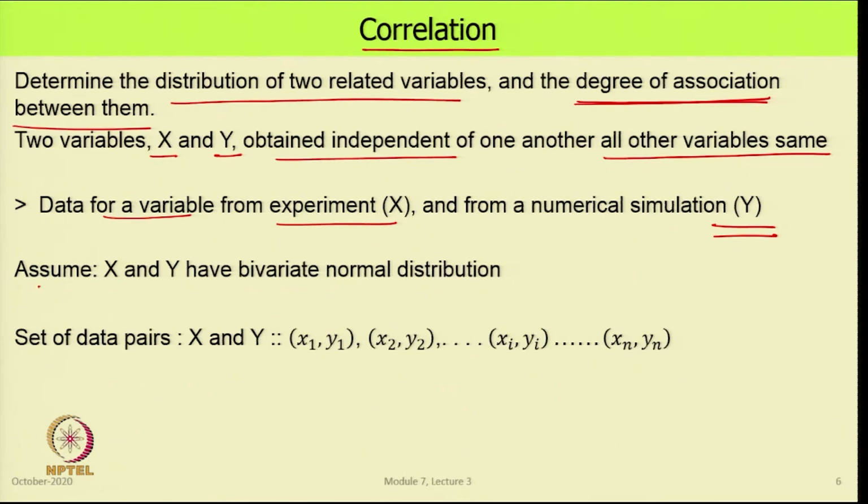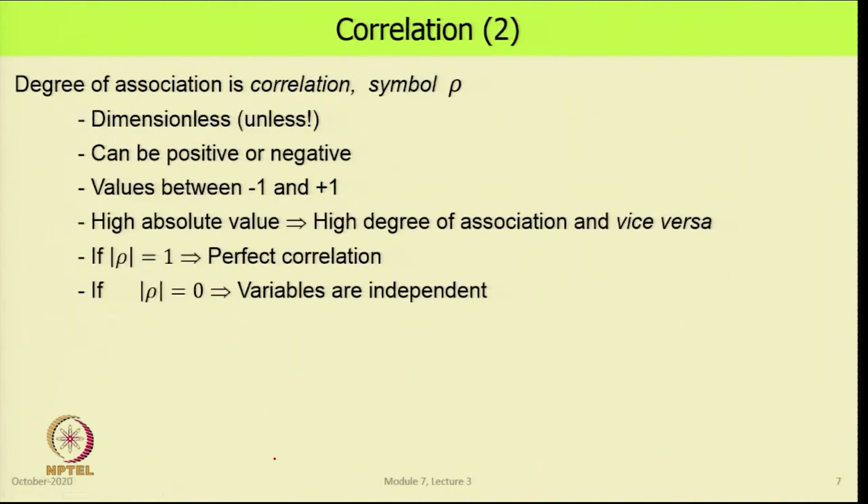There is a basic assumption we make here, that x and y have a bivariate normal distribution, and our data set is x and y, that is x1 y1, x2 y2, like that for n pairs of data. Now, what does the correlation tell us? First, the degree of association of the two parameters is the correlation, and the symbol for the population correlation is rho.